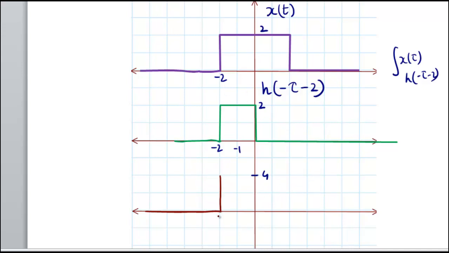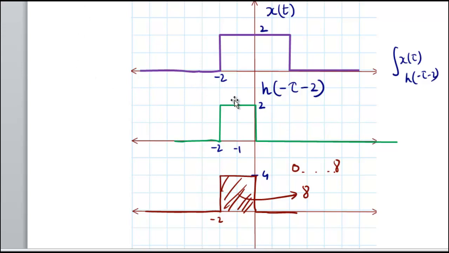The multiplication is now going to be from minus 2 all the way up to 0. Now the area here would be 4 into 2, which is going to be 8. So the area starts slowly from 0 and goes all the way up to 8.